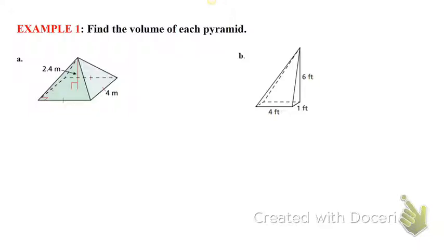So what we need to know is what the base area and the height are in order to find the volume of the pyramid. Well, the base is a square, and a square has one side length only, so the base area is simply going to be 4 squared, which is 16 square meters.